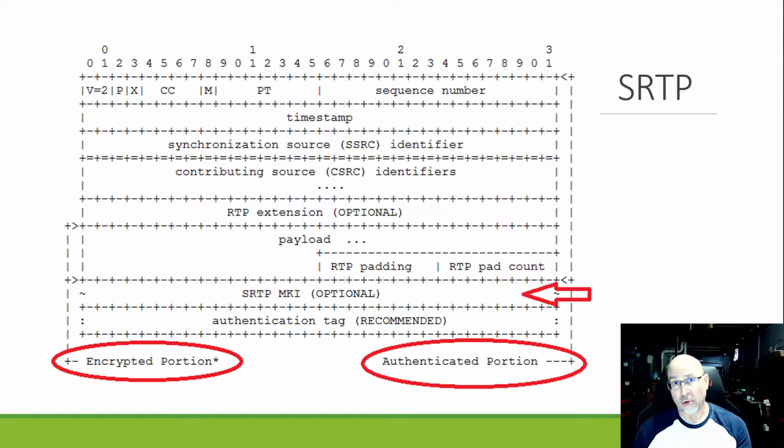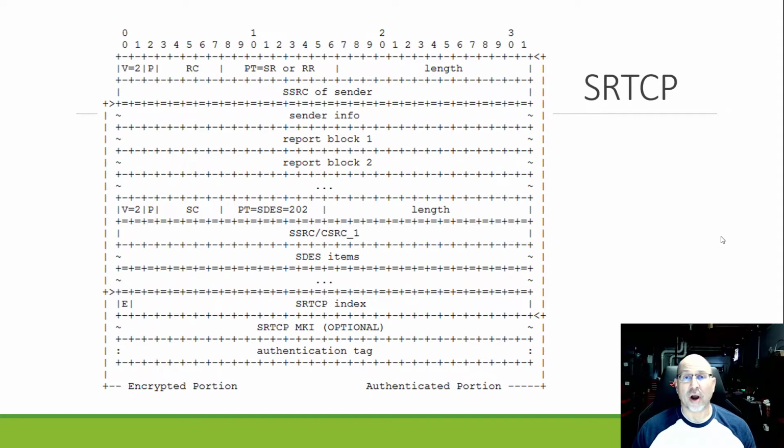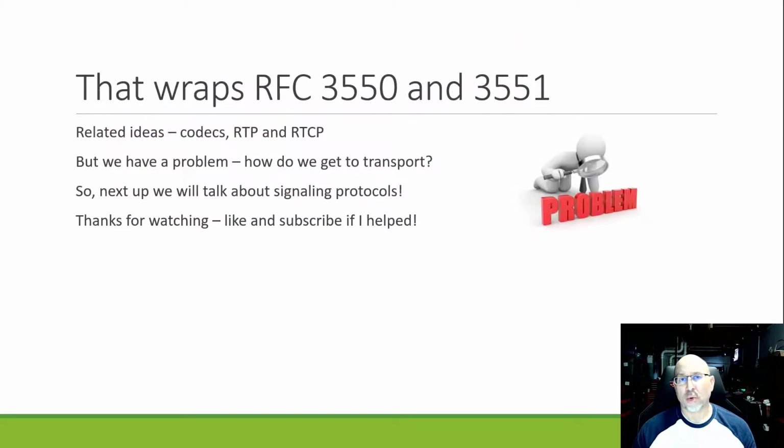You're appending a number, and the entire message is authenticated. So two different approaches to security there. Secure RTCP does the same thing. We've got an encrypted portion, which is the data portion of the message, and then the data portion and the header are authenticated. Well, I think that'll wrap up RFCs 3550 and 3551.